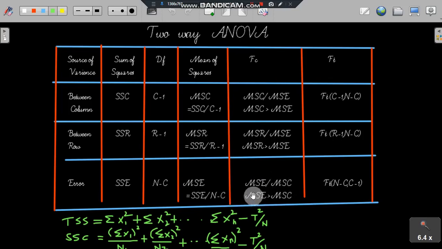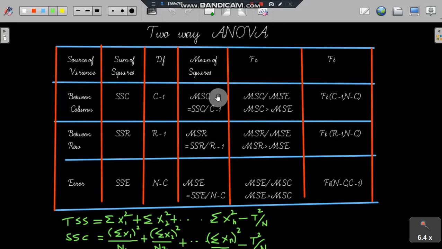Now, how to find the table value of F? As I told you already, F of t inside the bracket: suppose this comes in the numerator and this comes in the denominator.